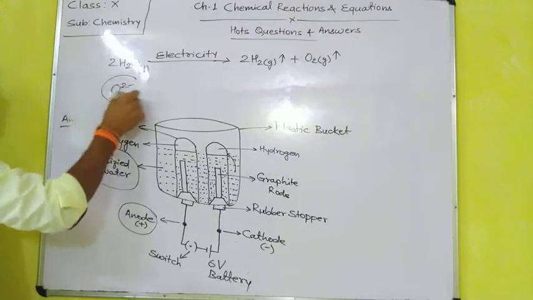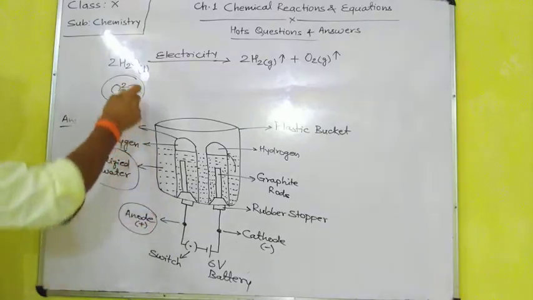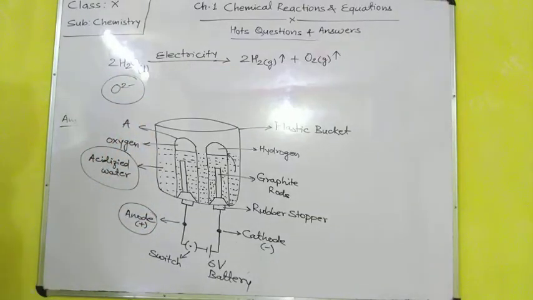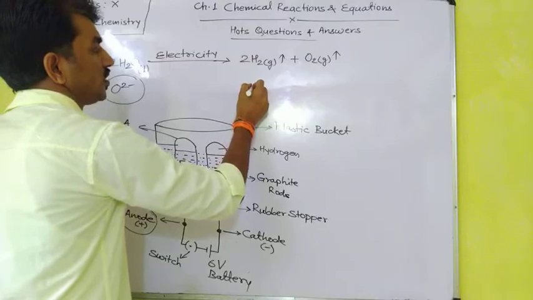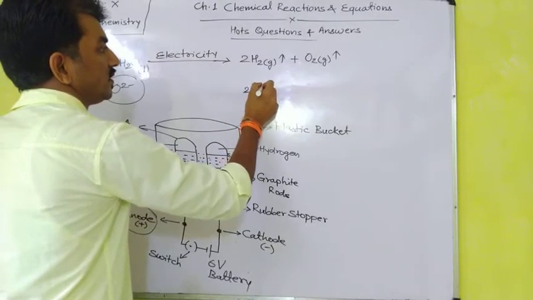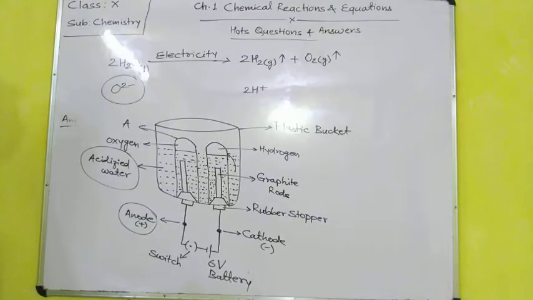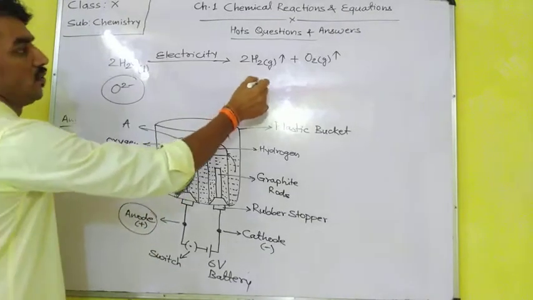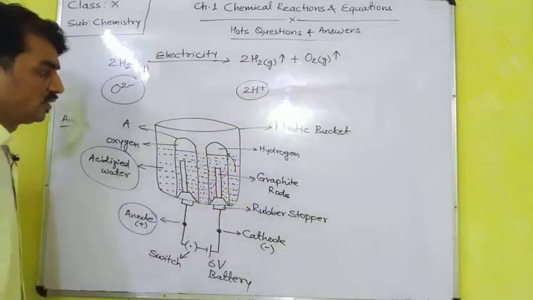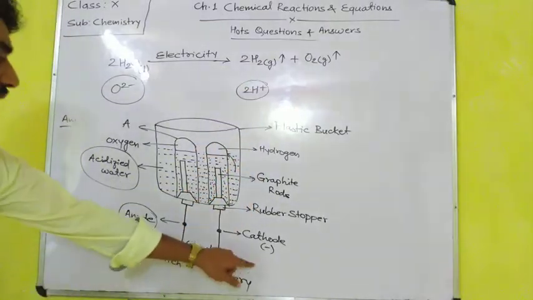So it moves towards the positive electrode. Hydrogen has a positive charge, 2H plus, so this hydrogen gas moves towards the negative electrode, which is the cathode.